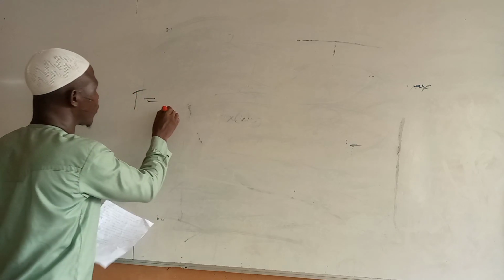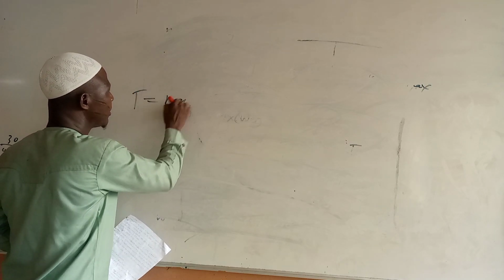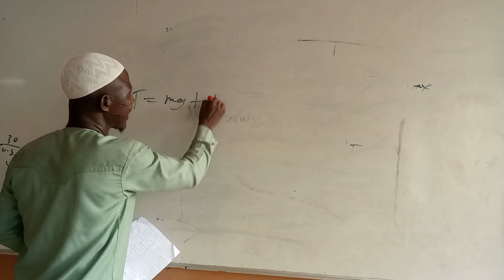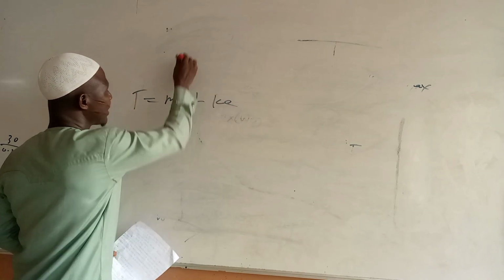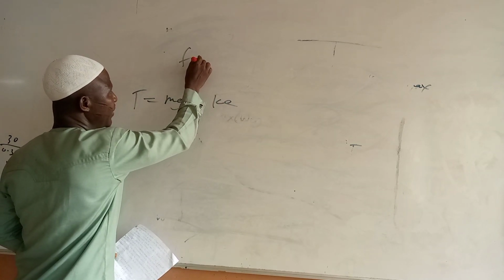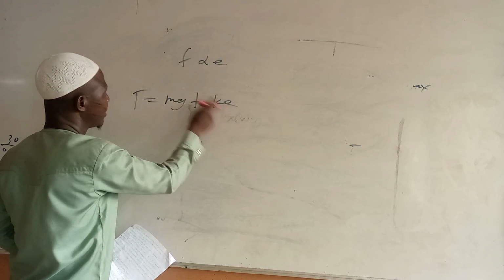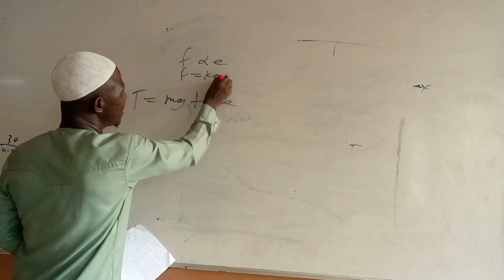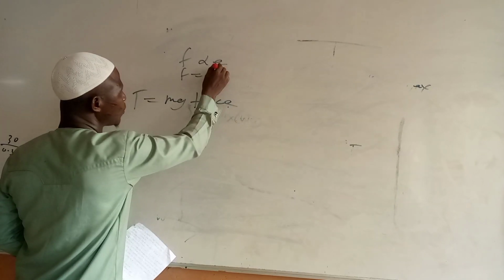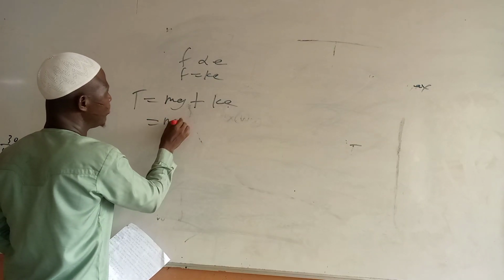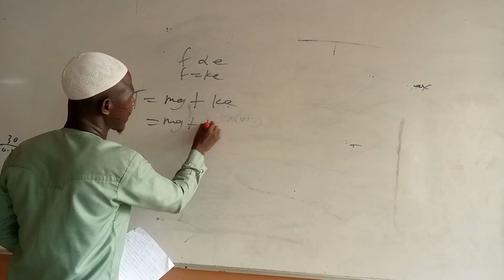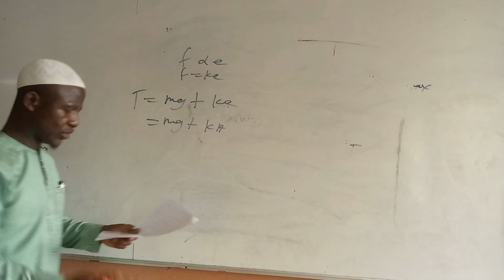Therefore, tension is equal to mg plus Ke. Don't forget from Hooke's law, force varies directly with extension. Then our extension is amplitude. So force now is equal to Ke, and this e is A. Therefore, mg plus Ke. That's all.